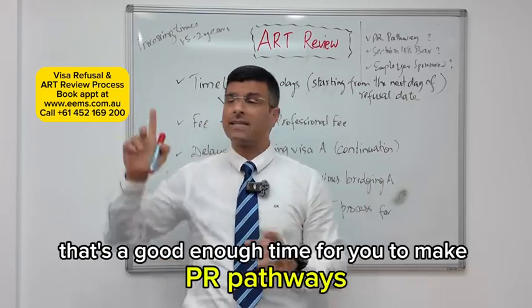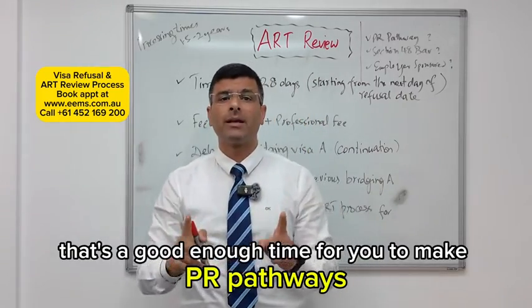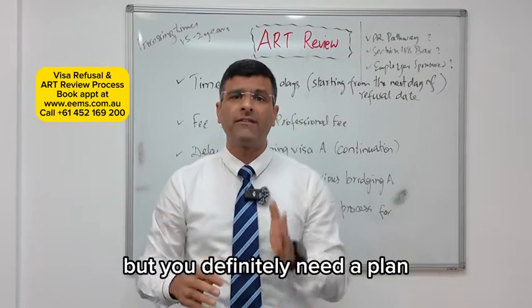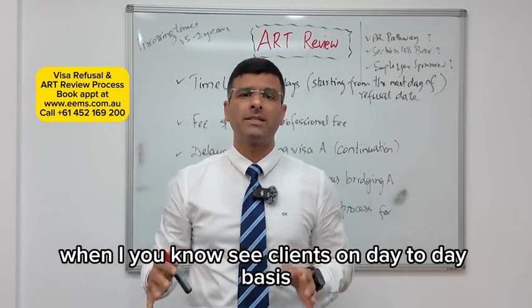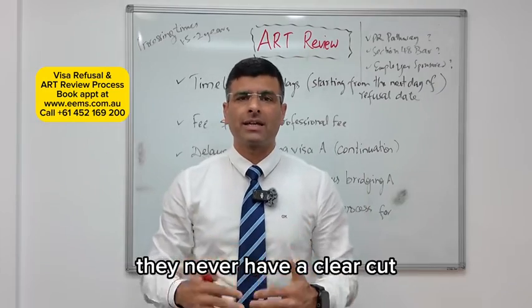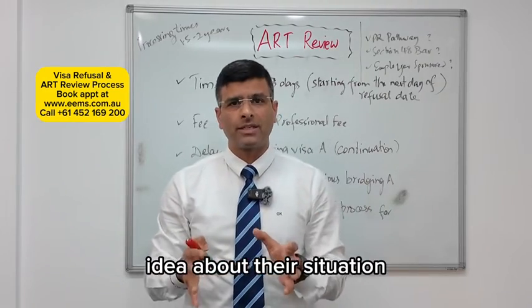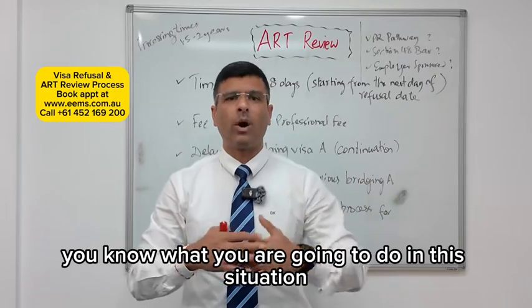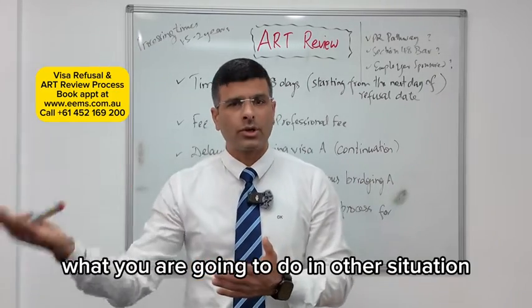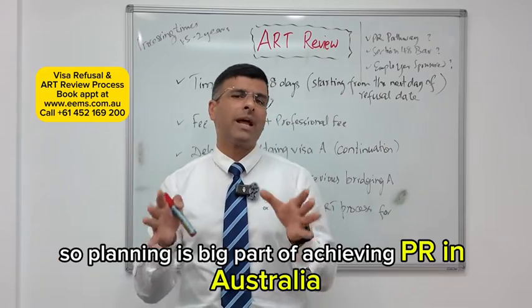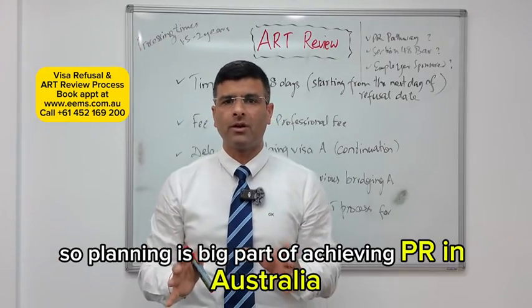You got to understand that's a good enough time for you to make PR pathways, but you definitely need a plan. When I see clients on a day-to-day basis, they never have a clear-cut idea about their situation, and they don't have a plan for what they are going to do in this situation, and if it doesn't happen like this, what they are going to do in another situation. So planning is a big part of achieving PR in Australia.